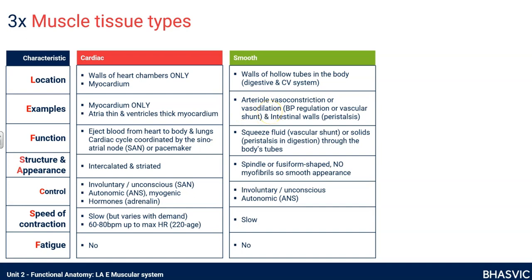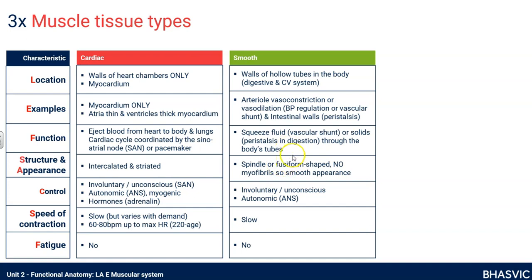That's really important for controlling levels of blood pressure, and also for what we call the vascular shunt, sending blood to one place or another in our body, or restricting blood flow. For example, in exercise, we send more blood to our working muscles and we send less blood to our digestive system. At rest, it's the opposite. And these arterioles and the smooth muscle contracting or relaxing helps control where that blood is distributed.